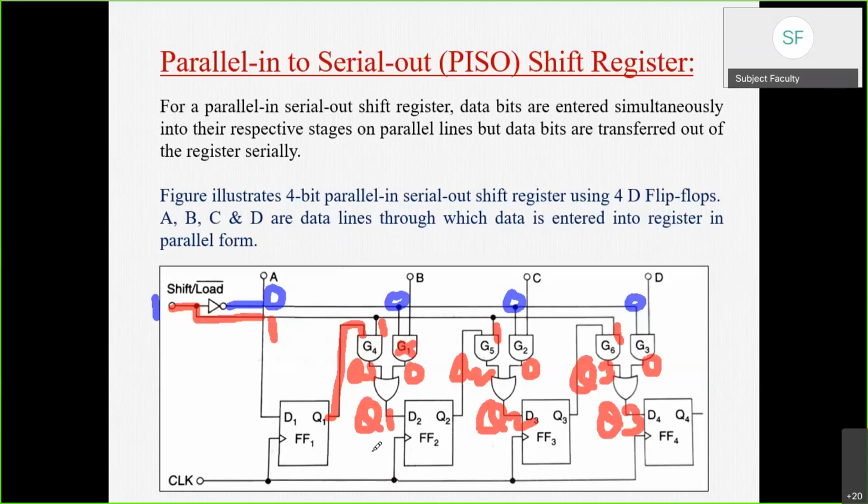What is Q1? Q1 is nothing but the output of flip-flop 1. The output of flip-flop 1 is given to the input of flip-flop 2. Similarly, Q2 is the output of flip-flop 2, given at the input of flip-flop 3. Q3 is the output of flip-flop 3, given at the input of flip-flop 4.